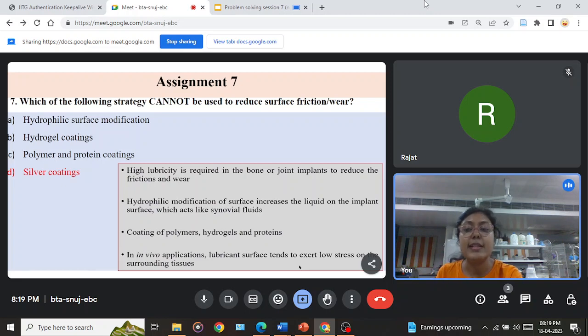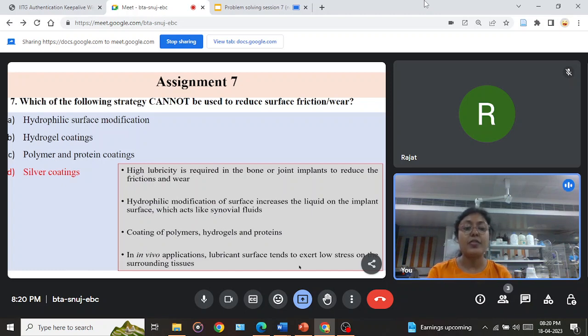So usually these silver coatings or silver nanoparticle coatings are a traditional approach of surface modification, wherein they are used as an antimicrobial agent. So antimicrobial agent means that it does not allow the microbes to deposit or adhere over the surface.